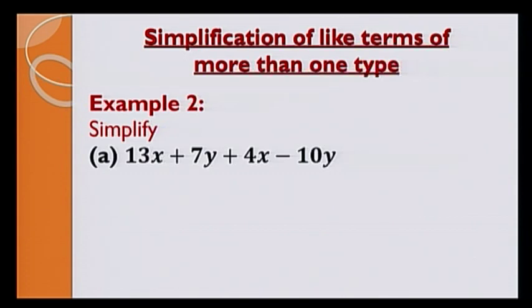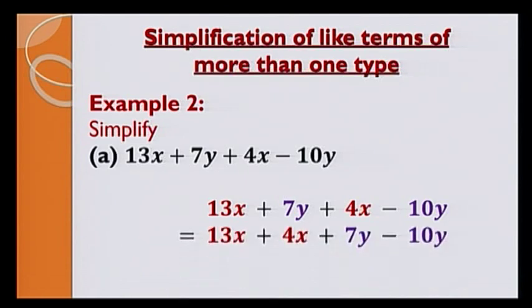We group like terms of the same type together by swapping their places. Now, this can be done because addition is commutative. That is, changing the places and we still get the same result. We have 13x and 4x, which are like terms, so we group them together.